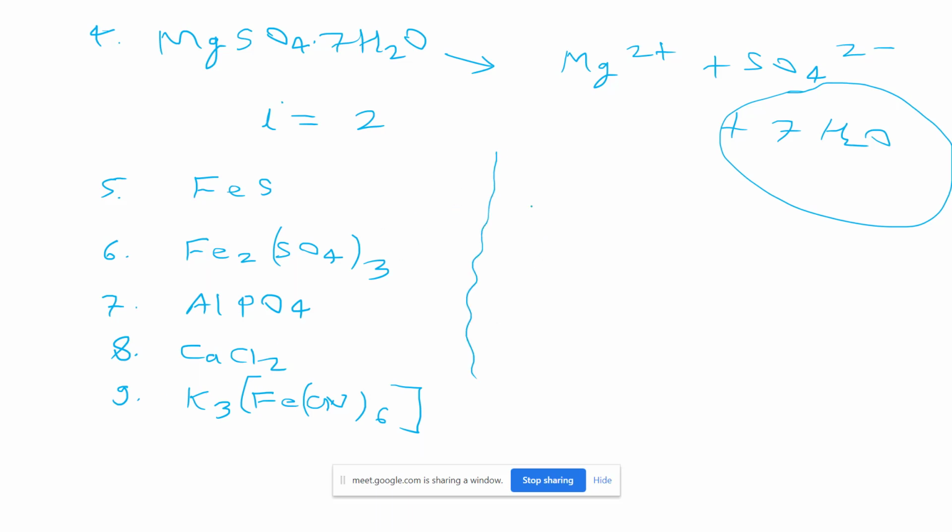Find the van't Hoff factor for these salts. Do solve.